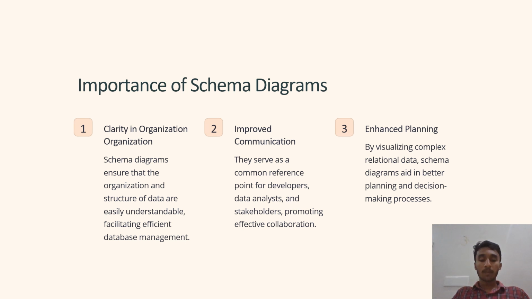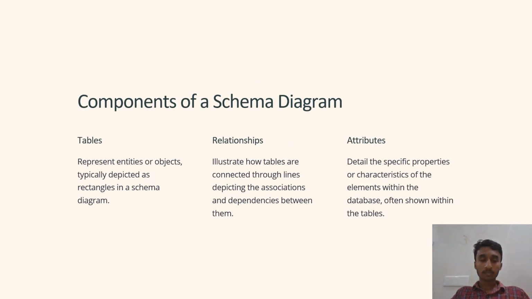Improved communication: they serve as a common reference point for developers, data analysts, and stakeholders, promoting effective collaboration. And the third one is enhanced planning. By visualizing complex relational data, schema diagrams aid in better planning and decision-making processes.